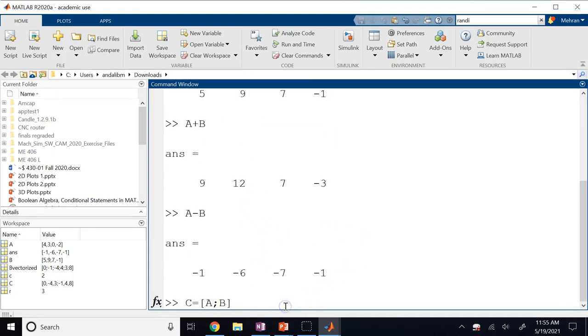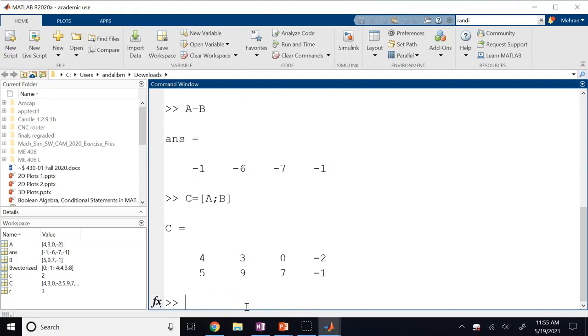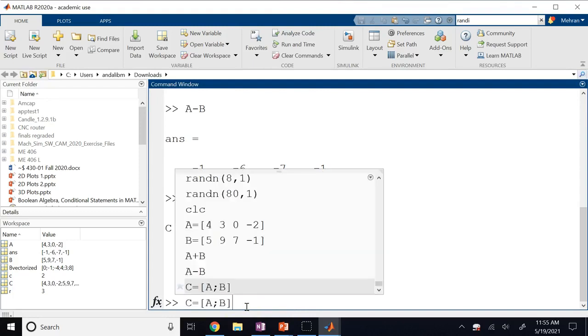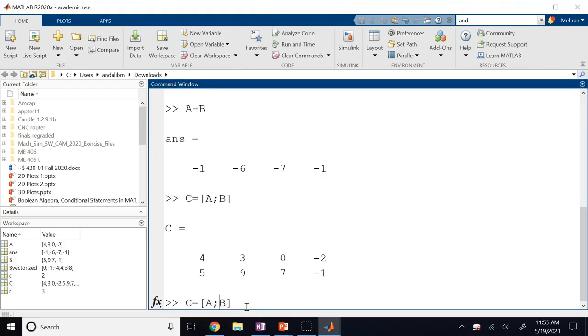Vector B. So I'm concatenating A and B vertically like this. So C is now what? This 4x2 matrix. Now I can create another one, call it D. This time I say it's B semicolon 2 times A.